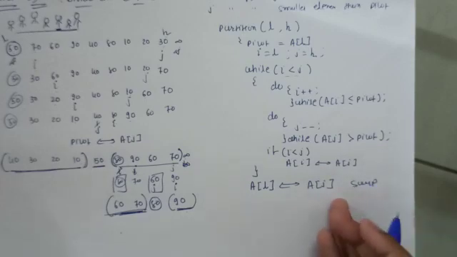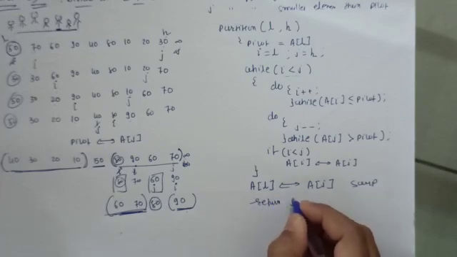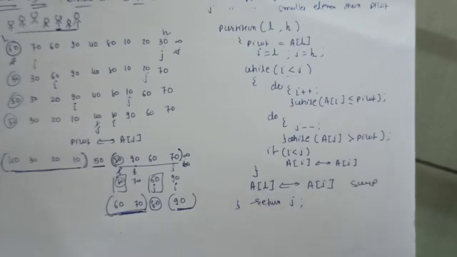You have to do this thing. Clear? And we will return J. So this is the algorithm for partitioning procedure.